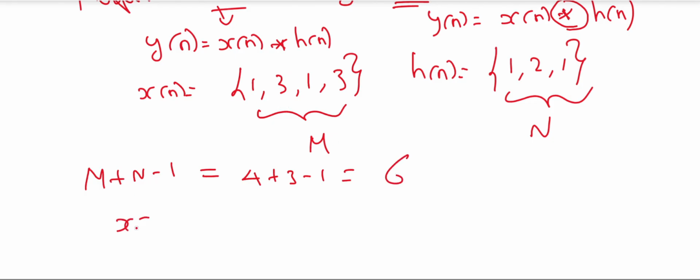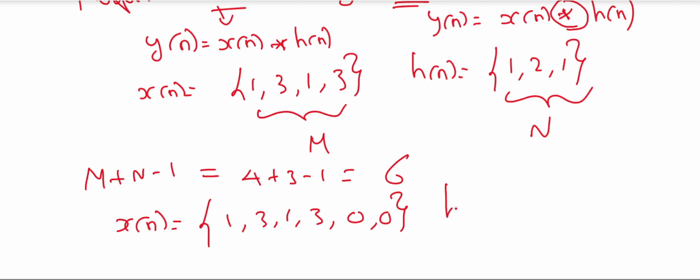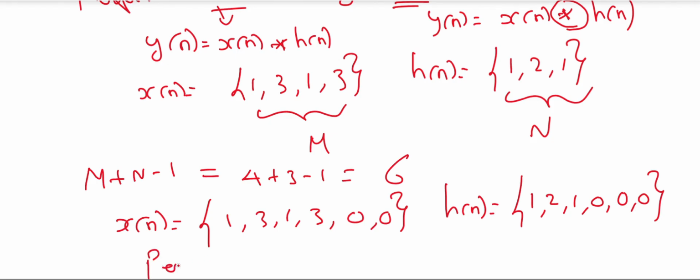If you want to perform linear convolution using circular convolution, the sequence length must be 6, no? So the first sequence already has length 4, the remaining 2 zeros have to be padded. For the sequence h of n, 1 2 1, the remaining 3 zeros have to be padded.